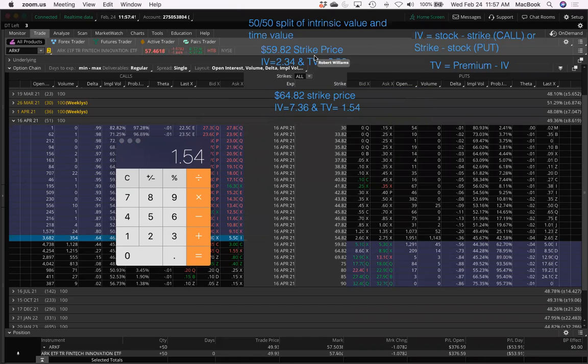So if you wanted to play the put on ARKF for the January expiration, you would be selecting the 59.82 strike over the 64.82 strike based off of looking for a 50-50 split in intrinsic and time value. They feel it's pretty much the sweet spot, and it's a good way to go.